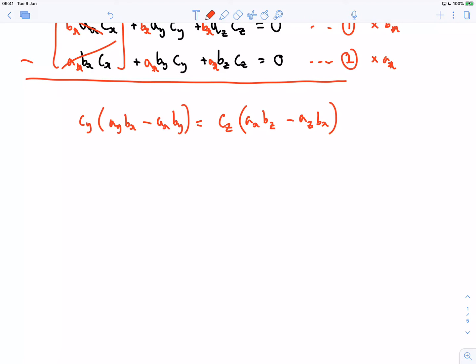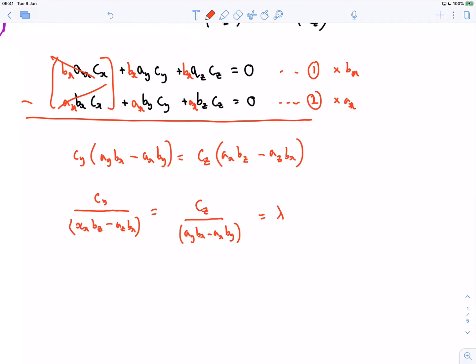Okay, and the reason for that is because now I'll have CY over AXBZ minus AZBX, and this will equal CZ over, and then this will be AYBX minus AXBY. And you know what? I'll let this equal to lambda.